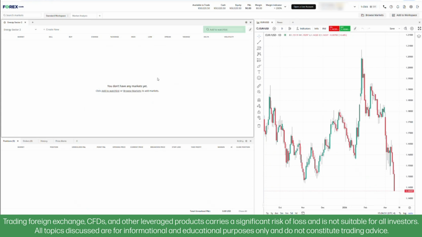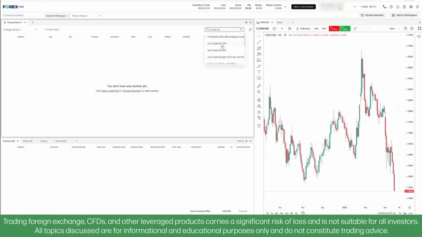to. Up at the top right-hand side of the watch list tab, you have Forex.com's Smart Search function. This gives you the ability to search for particular markets which contain the keyword you are looking for. Since we're looking to trade crude oil, I'm going to simply click on the magnifying glass and type in crude oil.